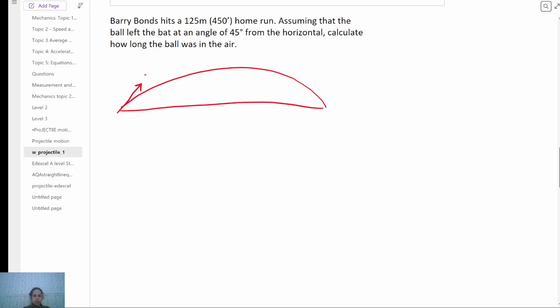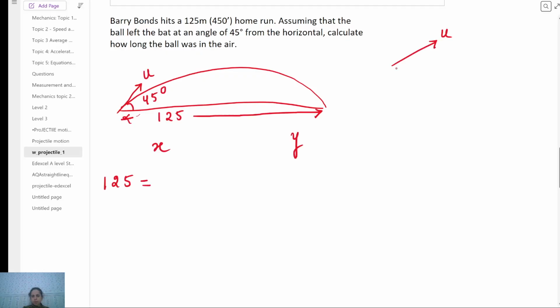So again, if I divide this into x and y, in x my horizontal displacement is 125, and what's my horizontal velocity? If you remember from the previous video, if this is u, and this is 45, the horizontal speed becomes u cos 45, and the vertical velocity becomes u sine 45 using your trigonometry.